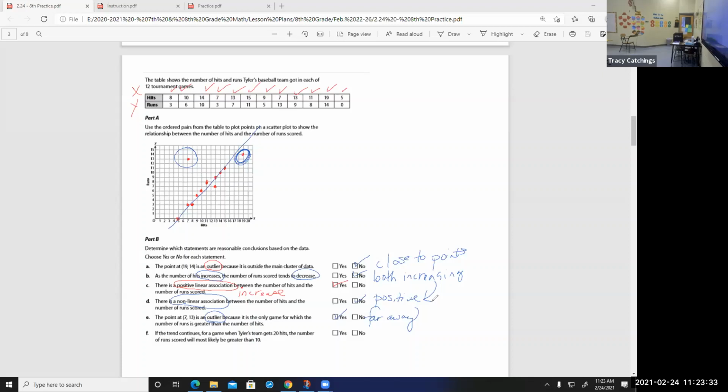All right, and then we got F. It says if the trend continues for a game when Tyler's team won 20 hits, the number of runs scored would more than likely be greater than 10. All right, so 20 is over here. Would it be greater than a score of 10?